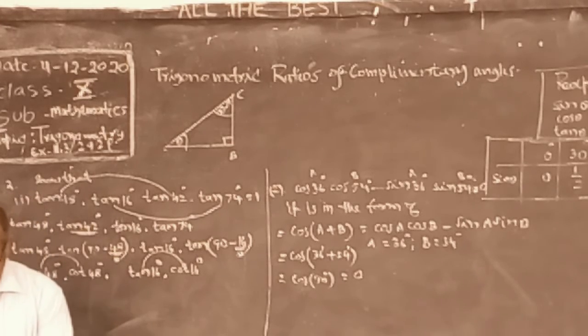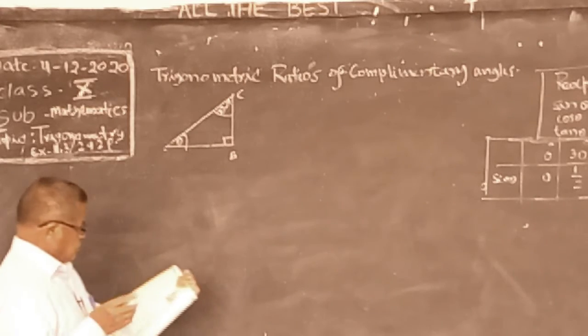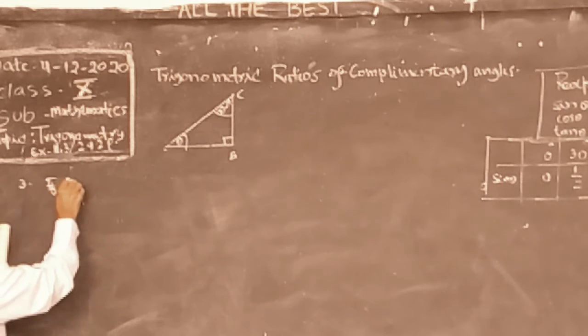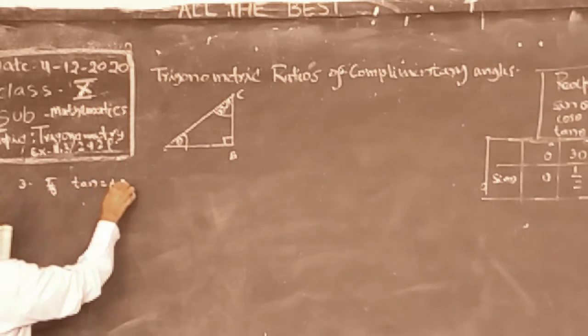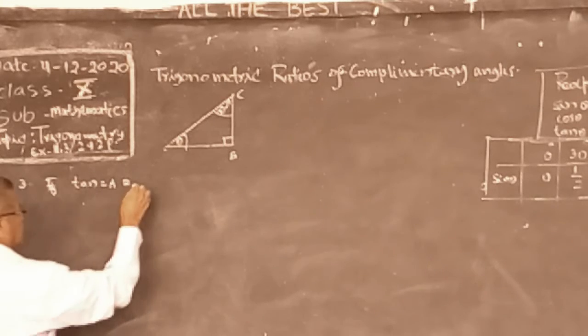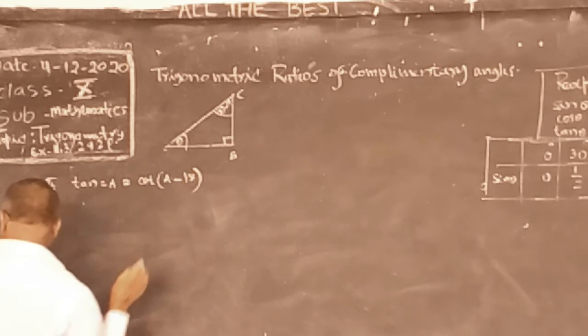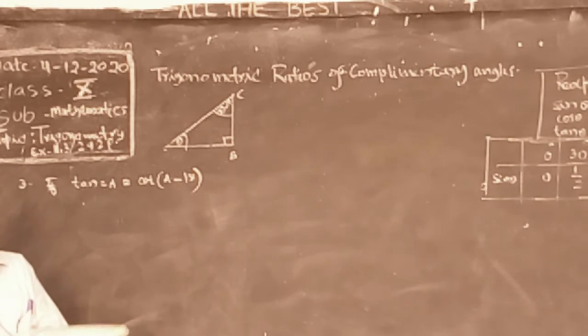Now, third question. If tan 2a is equal to cot a minus 18, here 2a and a minus 18.